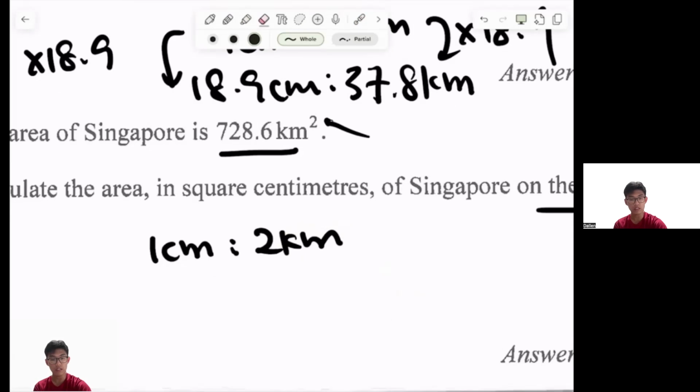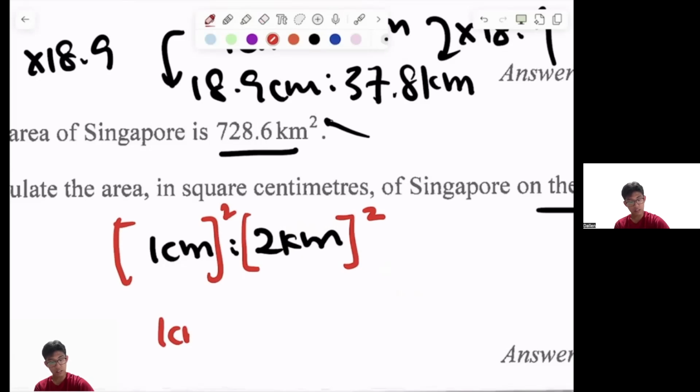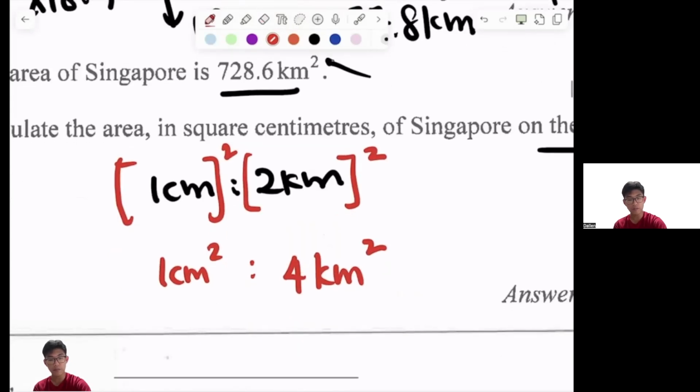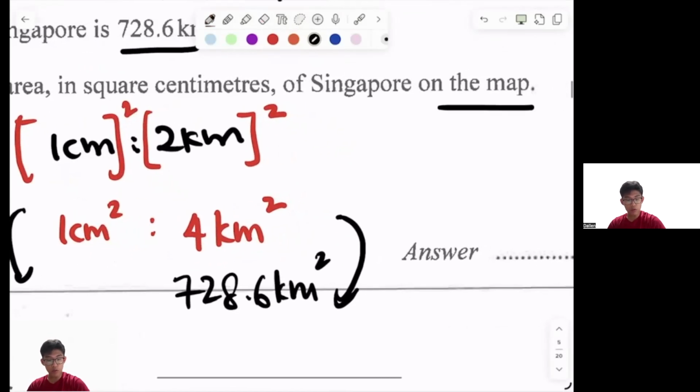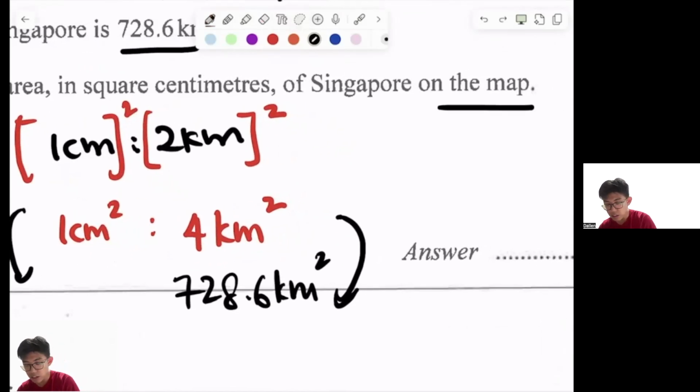What we can do is we square both sides. So now, not 2, but 4, because 2 square, and our units is also squared. And now we can use this already, right? From 4 to 728.6, how much do we multiply by?